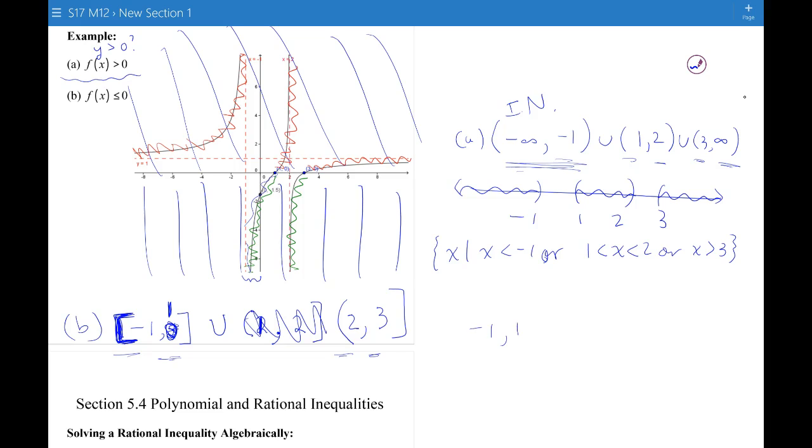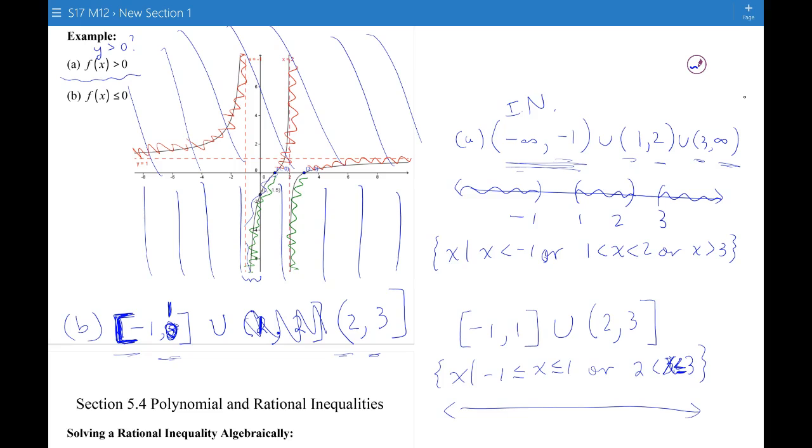So it's negative 1 to 1, including the endpoints, and 2 to 3, including the 3, but not including the 2. So that would be the set of all x such that negative 1 is less than or equal to x is less than or equal to 1, or x is between 2 and 3, not including 2 but including 3.